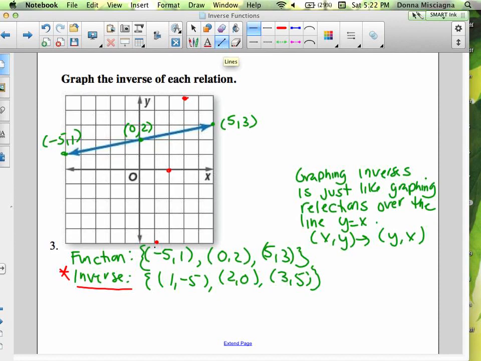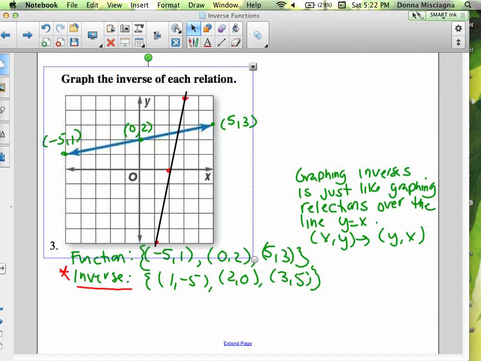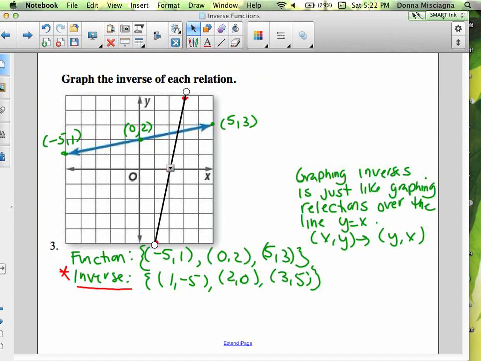Here we go. And then I'll make sure it's nice and straight. Actually, it's pretty darn good. I'll take that. That looks pretty good. Maybe just shy of the point there. I think my dot is slightly off. This one right here. There we go. There is our inverse.